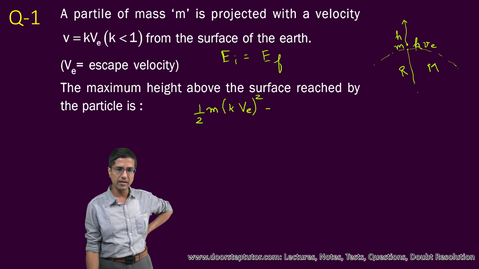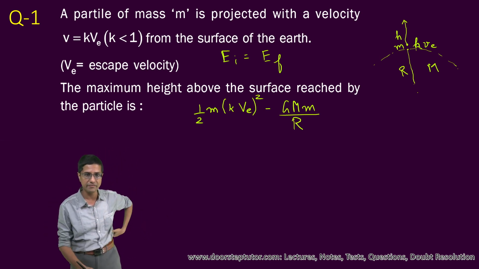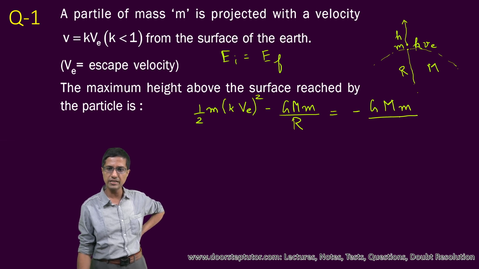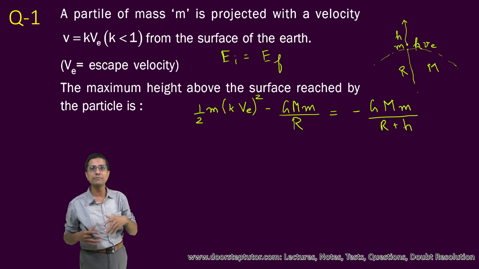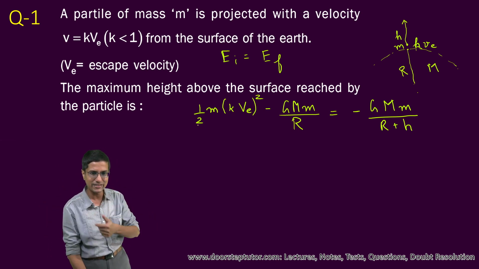And then there is some potential energy. We have already done a class on this, and we know why the potential energy is negative, but that is what the potential energy at the Earth's surface is. Now this should be equal to the final energy, which is simply only because of the potential energy. There is no kinetic energy at that point because the particle has actually lost all its velocity, all its kinetic energy is gone.